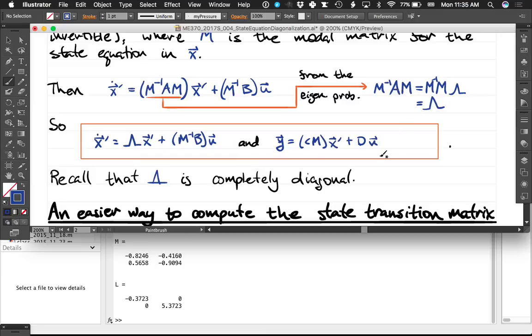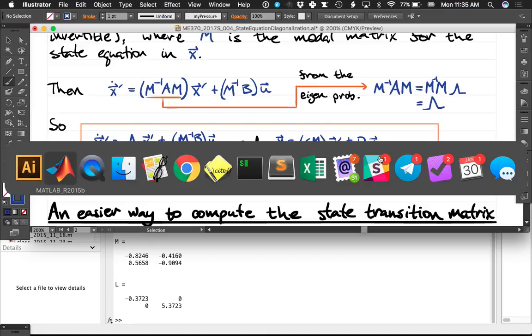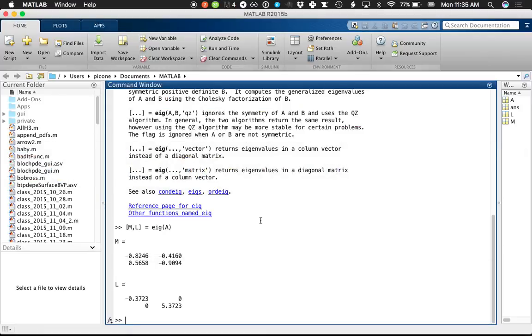So let's see if that's true. In MATLAB, we can just check super easy. We don't have to do all the stuff by hand. So let's just see if matrix inverse, inv of M, times A times M, right? So we're expecting to see L come out, the lambda matrix. So let's see if I'm just blowing smoke or not.